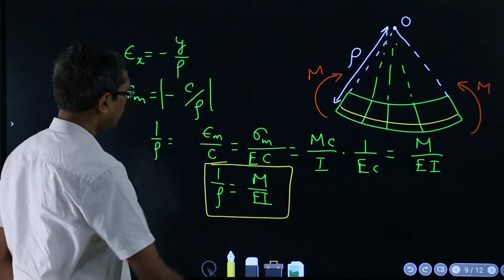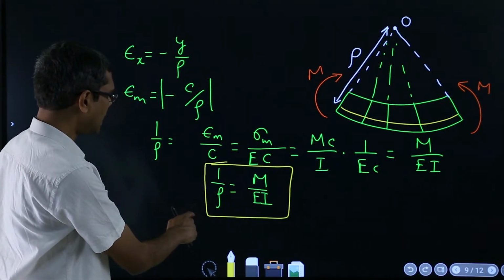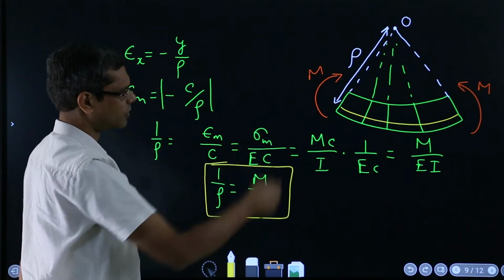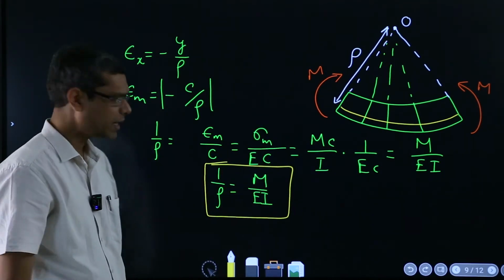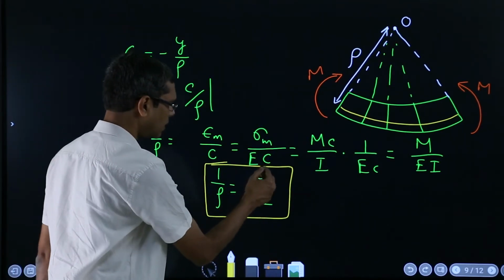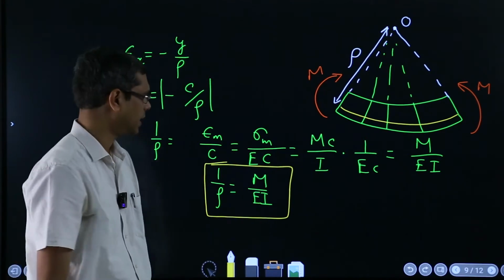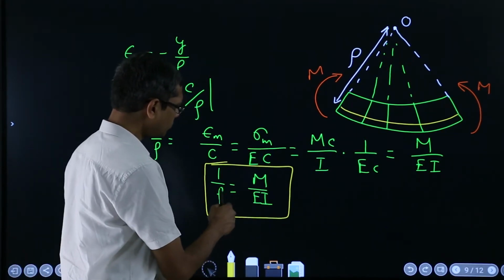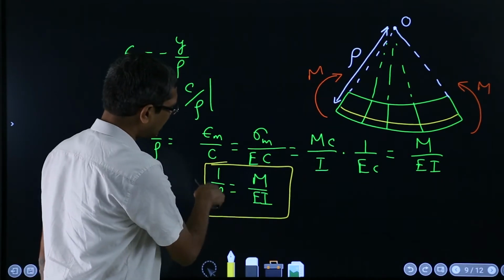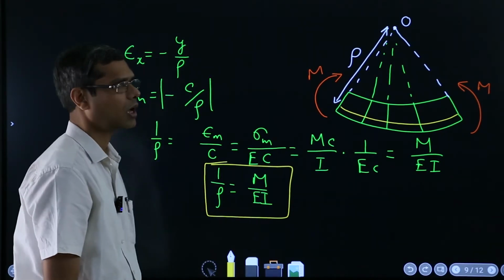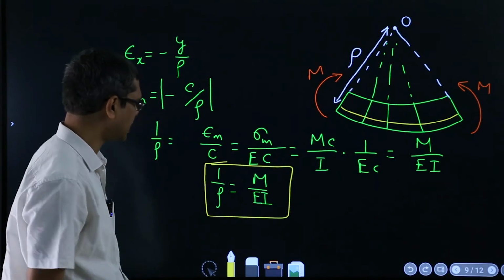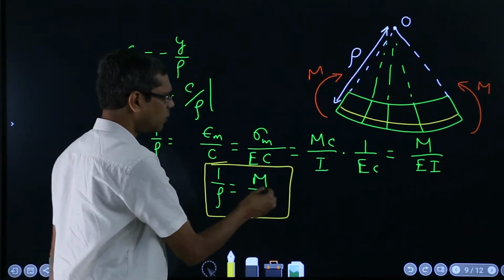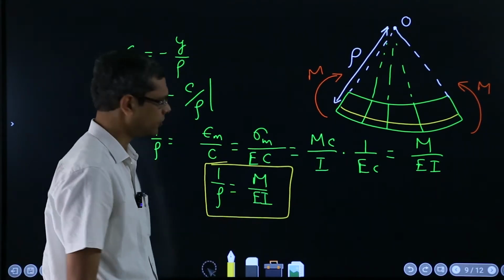Now what this equation tells you is that you can calculate the radius of curvature through which the beam bends under a particular moment that you have applied. If you call this the curvature, that means how curved the thing has become. The more the moment, the more the curvature, obviously.